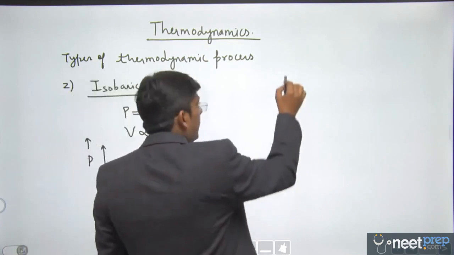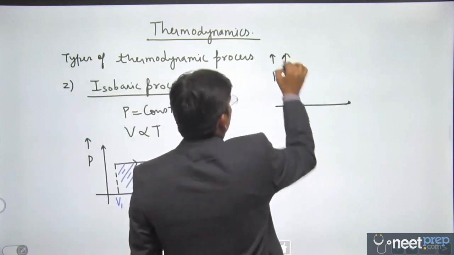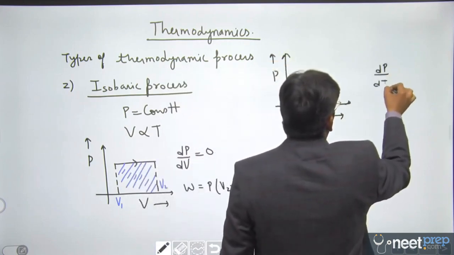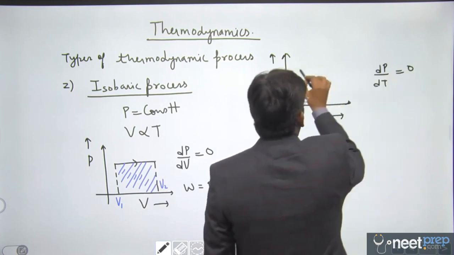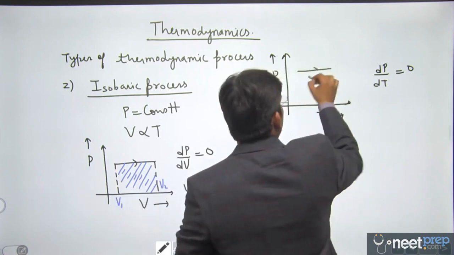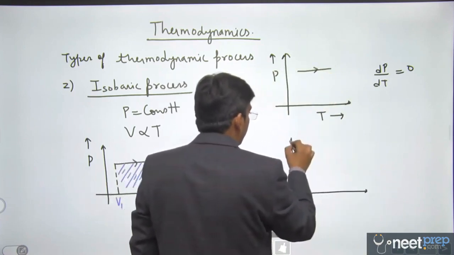What about the PT graph? Again, if pressure is constant, dP by dt is going to be 0, so we expect a straight line parallel to the temperature axis. Since the volume was increasing, temperature must increase. And what about the VT graph?